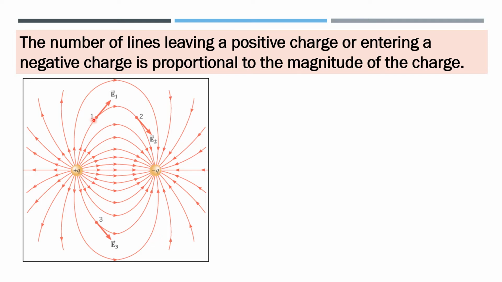Supposing at point 1, we can imagine that the electric field due to the first charge, we call it electric field number 1, at that point, the instantaneous electric field due to positive Q is directed tangent to that curve.